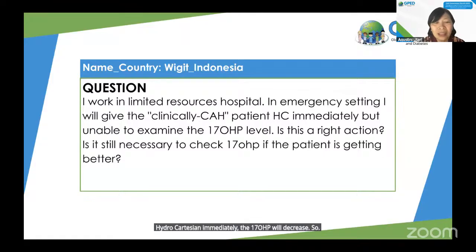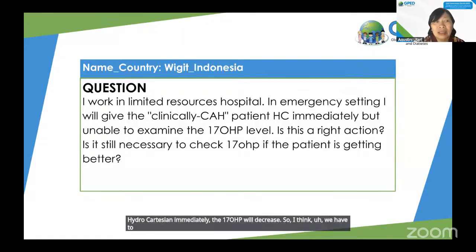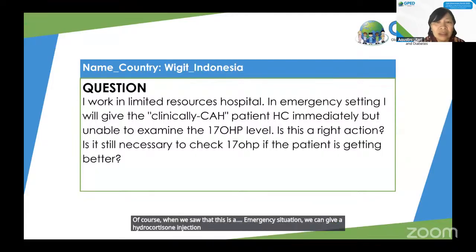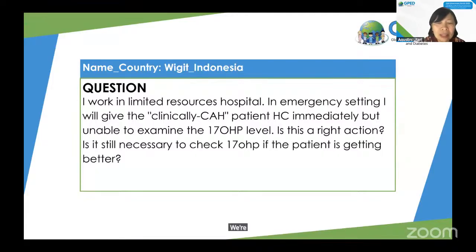So I think we have to be careful, but of course, when we see that this is an emergency situation, we can give a hydrocortisone injection when we are quite sure that this is CAH. But we also don't have CAH mutation analysis in Indonesia now.